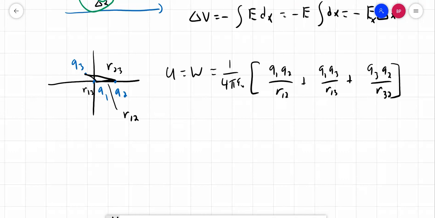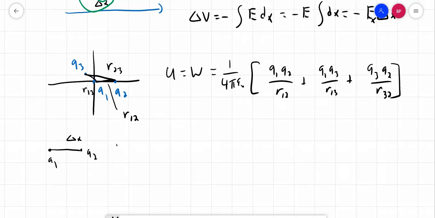Okay, so how do we actually calculate these things? Well, let's do Q1 and Q2. This is sort of a special case here because it's only separated in the x direction. So normally we'd have a triangle here, but these are only separated by the x.